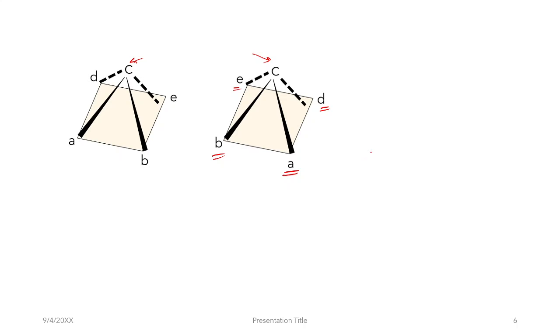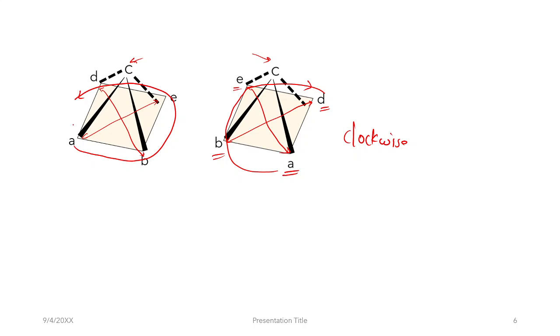And can you superimpose them? Opposite to A you have an E on the base, opposite to B you have a D here, but the sense in which you move from A to B to E to D is clockwise here, and the sense in which you move from A to B to E to D is anti-clockwise here, and you can't change it by rotation.